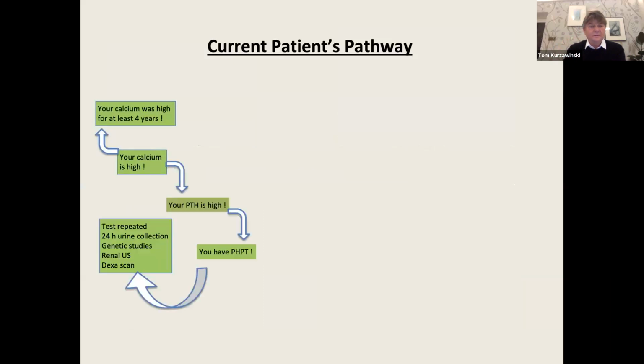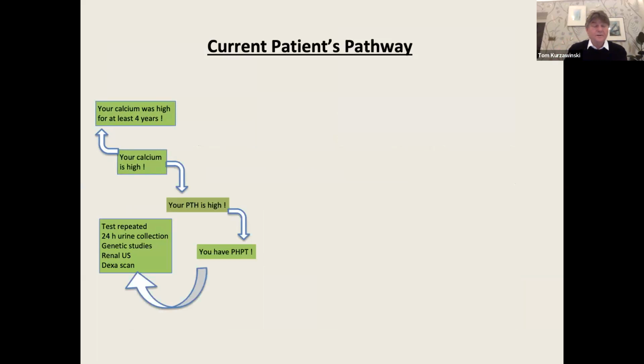And the consequence of all of these weaknesses in the patient's pathway is that we have at the moment a situation like this. The patient is told your calcium is high. Then very often, whoa, your calcium was high for quite a few years. Your PTH is high. So you have primary hyperparathyroidism. So we need to assess you for surgery.